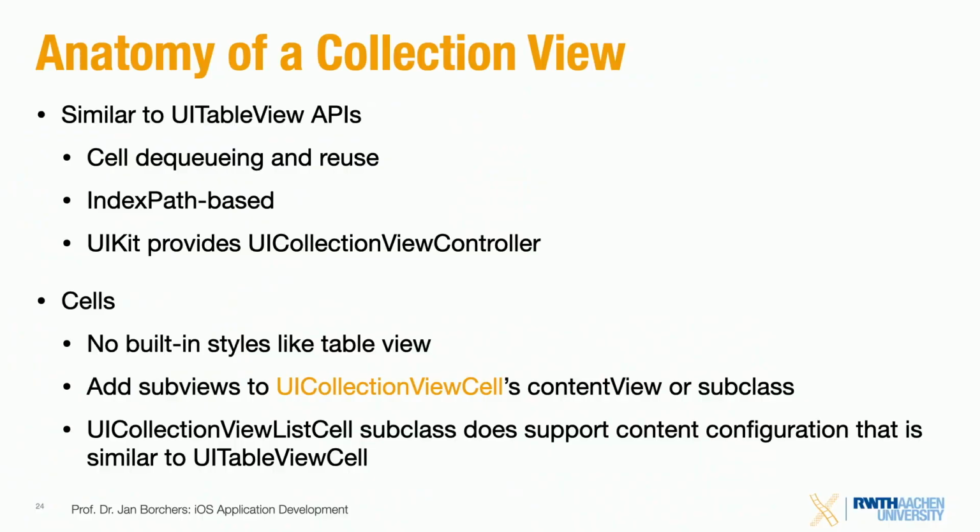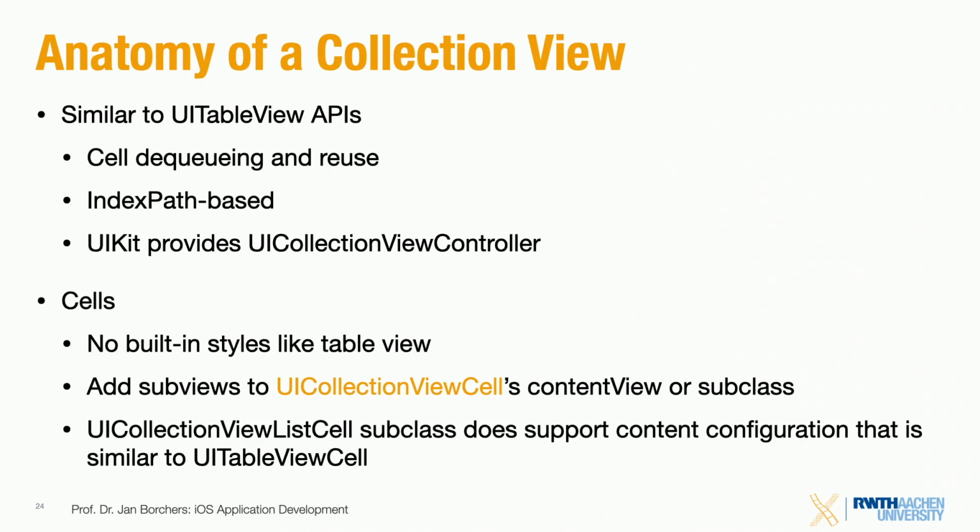And they're, again, very similar in structure and style, and in how you interact with them, to table views. So you have the same dequeuing of cells so that it handles what is on the screen at the moment and reuses the cells that are currently not shown when you're scrolling through them. You have the same index path system to access the data that you want to display.